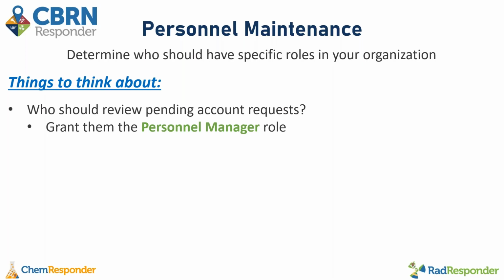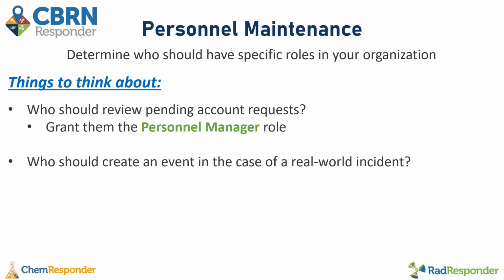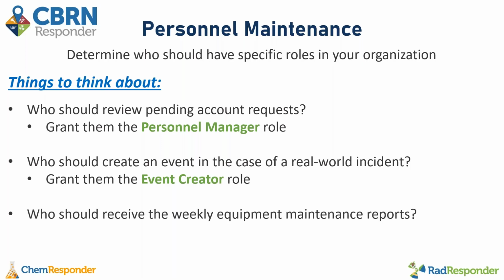They should have the personnel manager role. Who should create an event in the case of a real-world incident? They should have the event creator role. And who should be responsible for receiving the weekly equipment maintenance report? They should have the equipment manager role.